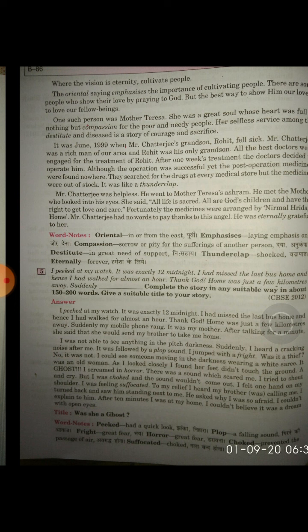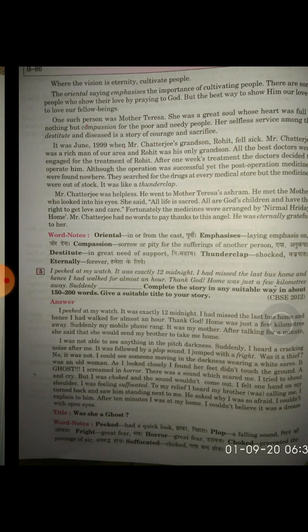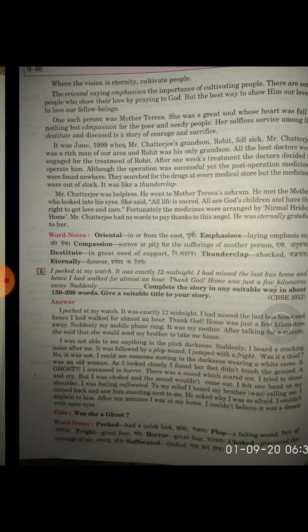Dear children, there is another example. This is very important for you. You can see, I peeked at my watch. It was exactly 12 midnight. I had missed the last bus home, and hence I had walked for almost an hour.